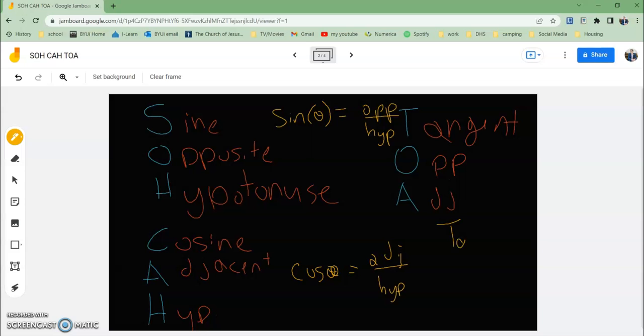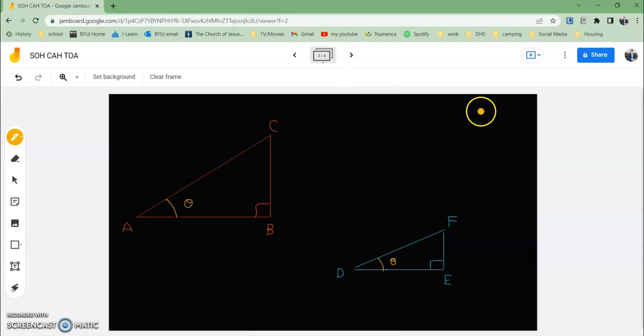And tangent of some angle is going to be the opposite over the adjacent. These are easy ways to remember what sine, cosine, and tangent are, but that's not the actual definition. I'll go over the actual definition of sine, cosine, and tangent. These are just helpful ways to memorize a ratio that goes along with it.